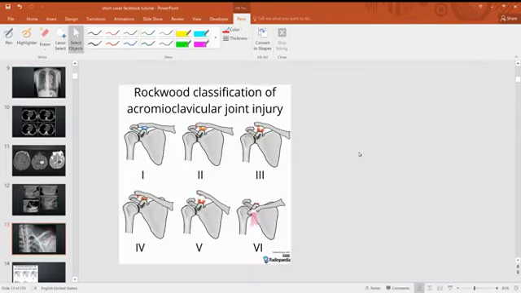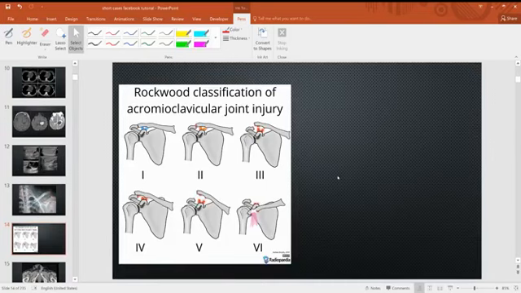And this is the grading according to the Rockwood classification of acromioclavicular injury, and we see this almost fits type 3. We have the dislocation here and the separation of the coracoid and the clavicle, and it is most probably type 3.